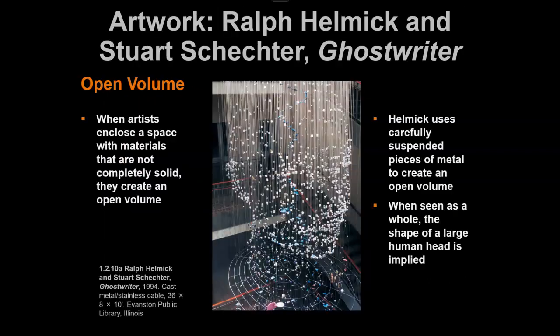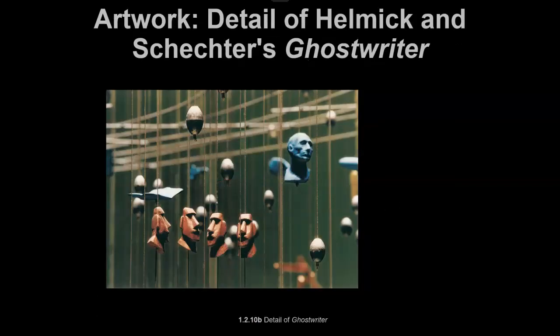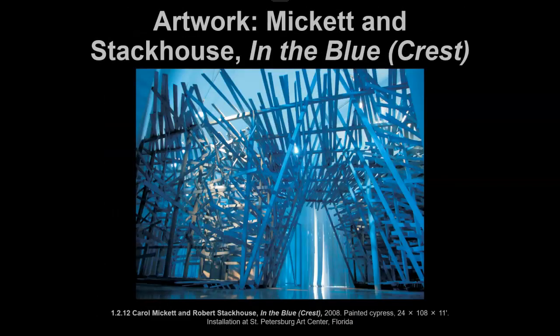So when you look at it from far away, you will see the form of the head. This is in the Blue Crest, and again, an open volume. It's not solid, so it's open.